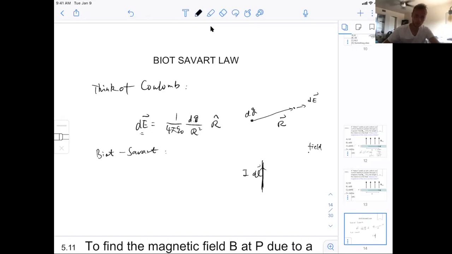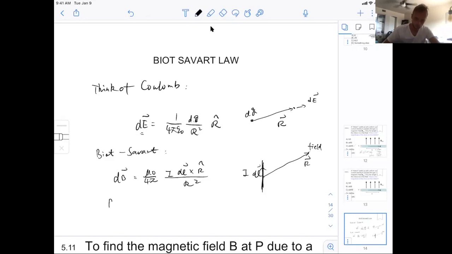You want to evaluate the B field. Again, from your source to your point, you have your curly r, and then from Biot-Savart that gives you the B field. So dB, due to this little chunk of current, is mu naught over 4 pi, I dl cross r hat over r squared.